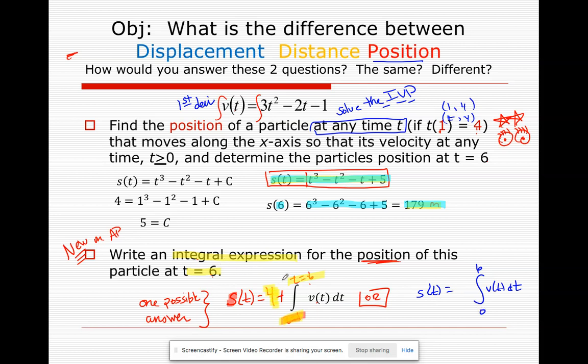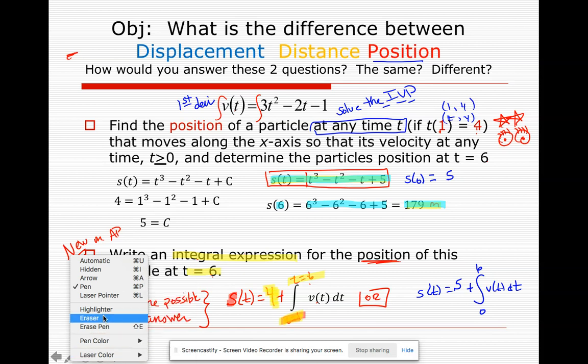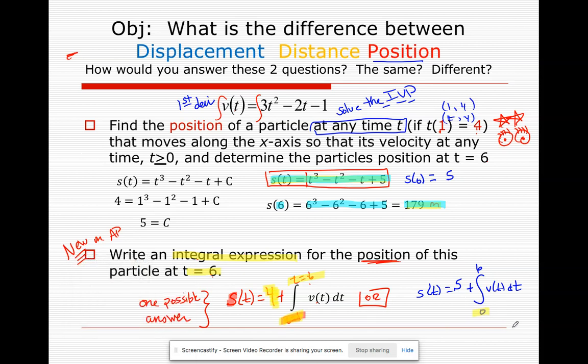At time equals 0, right? Think about this. At time equals 0, where am I? 5. So you would have to add 5 to this. And it's the same situation. Starting at time equals 0, you were already at a position of 5. Then give me the displacement.